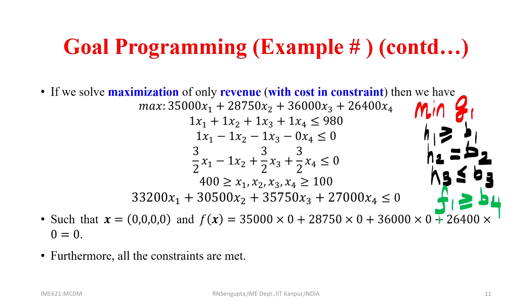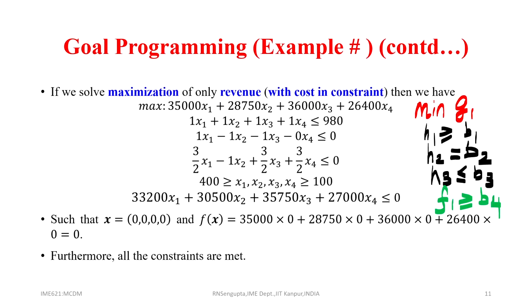So, in this case the problem would be minimization, which would bring the objective function as minimization and the constraints accordingly. Now, the question is that we have not solved this for the case when you are bringing the objective function as maximization in one of the constraints.